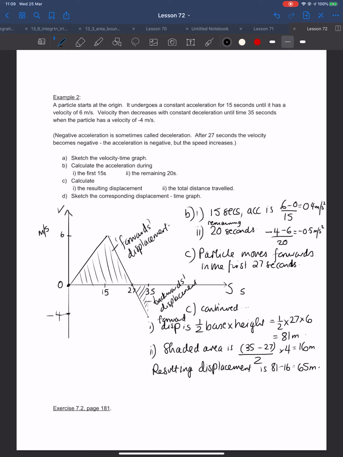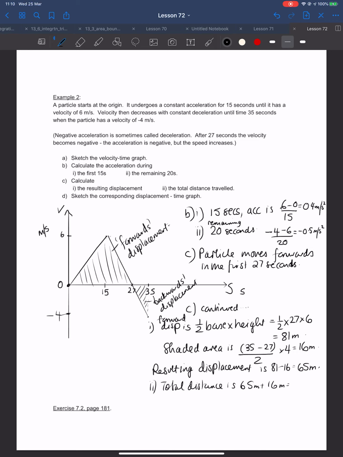Right, the total distance travelled. Sorry, that is part 1. The total distance is 65 metres plus 16 metres.